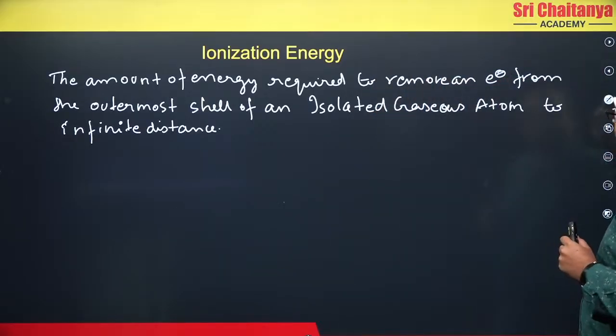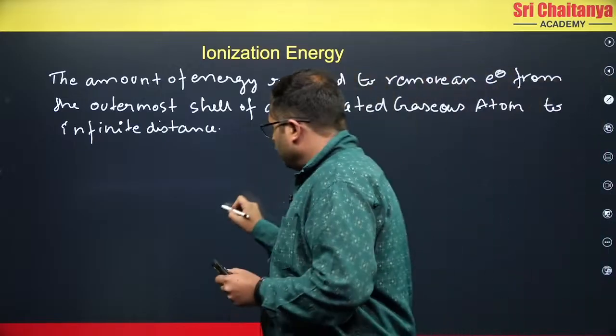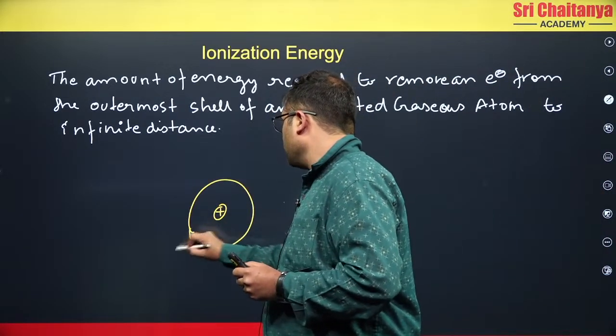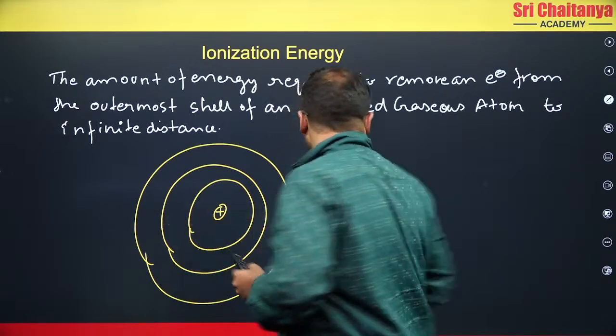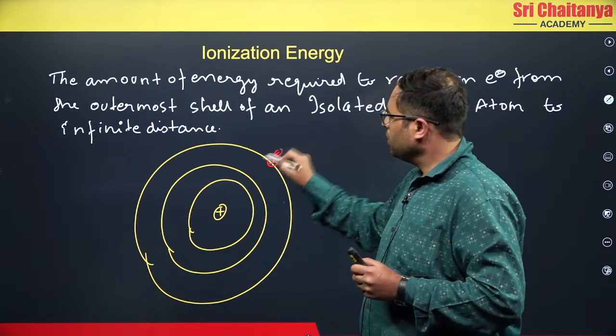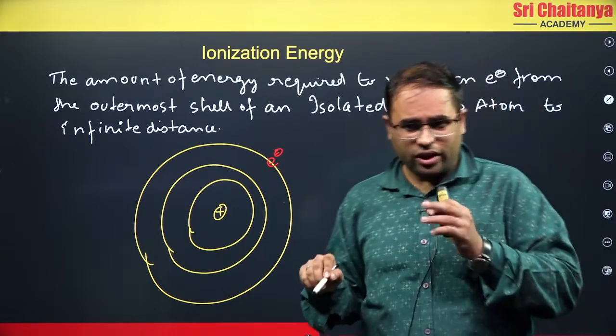So, how will you understand this? Simply, if you have an atom like this, you have these shells, right? And then you have an electron lying here. The outermost shell is called the valence shell, correct?